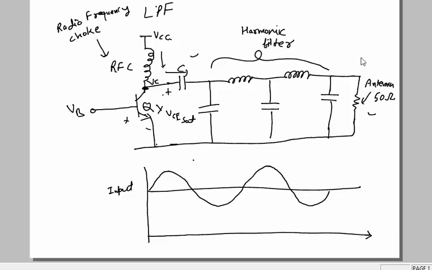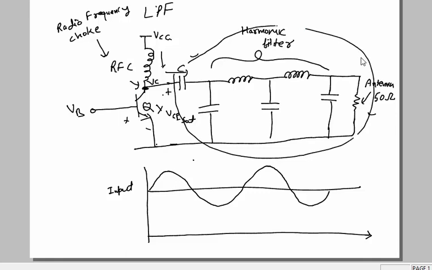The main output is this portion; from here to here is to remove harmonics, passing through the low pass filter, which will pass only the frequency of the signal applied. Now what's happening here? In this case the input is positive, which means the transistor is on. When the transistor is on, the voltage is only VCE(sat) from here to here.